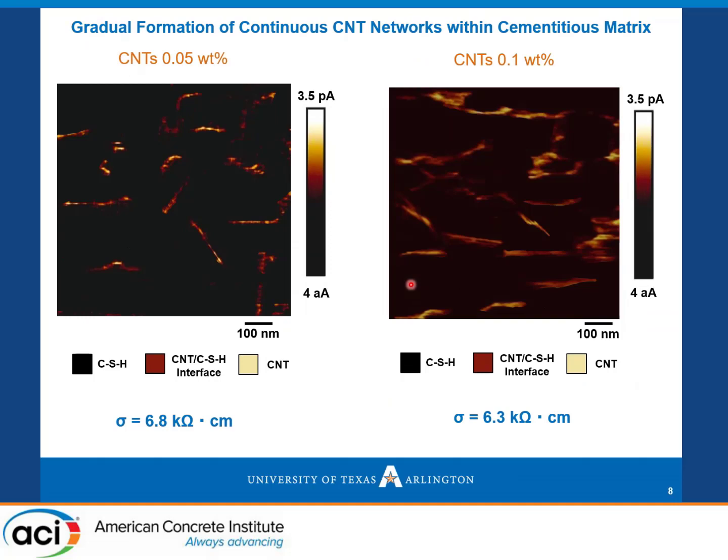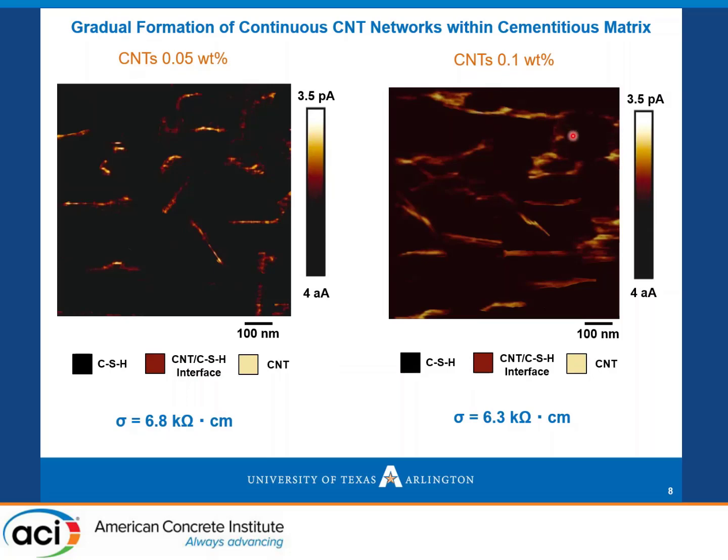We continued, and we increased the CNT loading in a cementitious paste, and in the right part of this slide, we see the current mapping of cement paste reinforced with well-dispersed CNTs at an amount of 0.1% per weight.